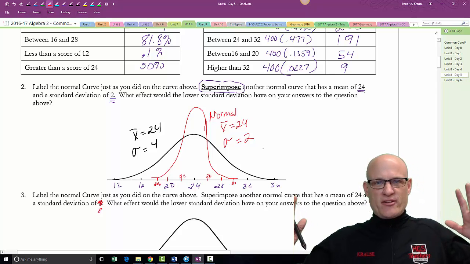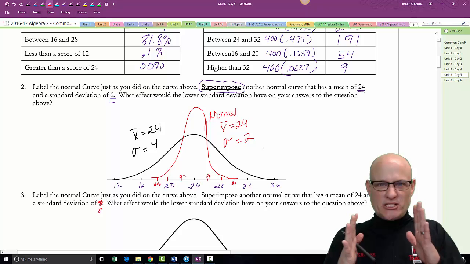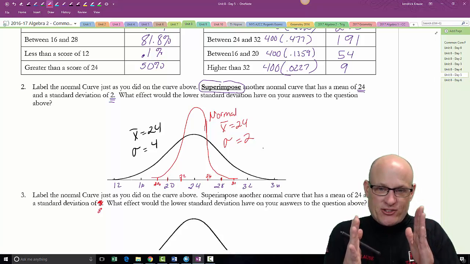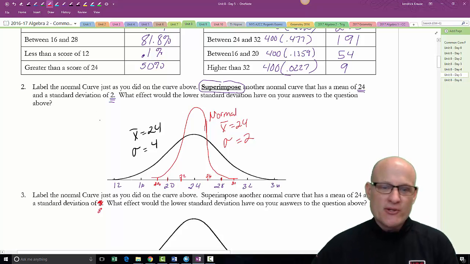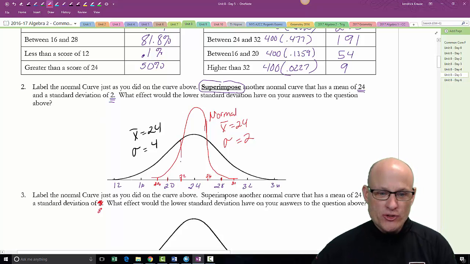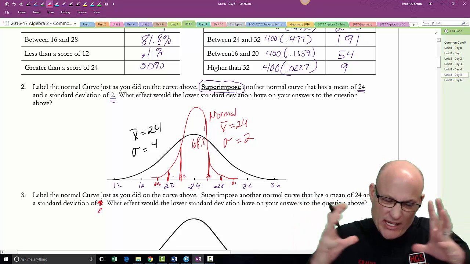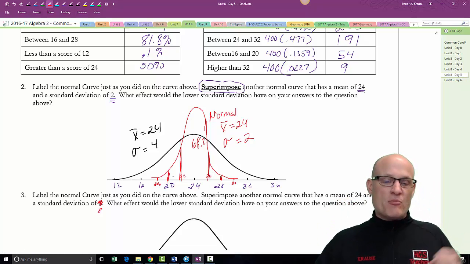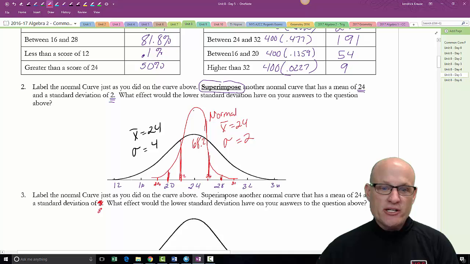It took the other curve and kind of squished it in, and it reduced the standard deviation in half, which means that between 22 and 26, I'm going to have 68.2%. And then one more standard deviation out, and then one more. But it squeezed it, so it made it more compact. That means more kids are here.